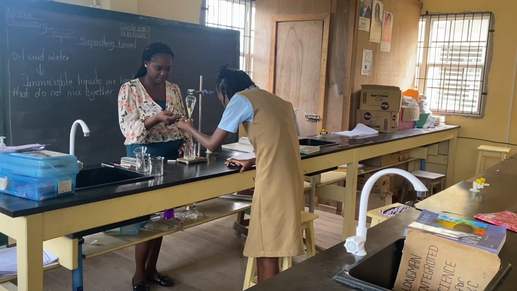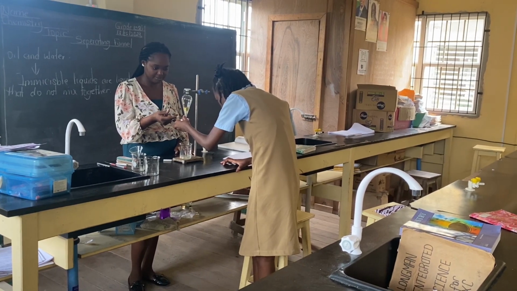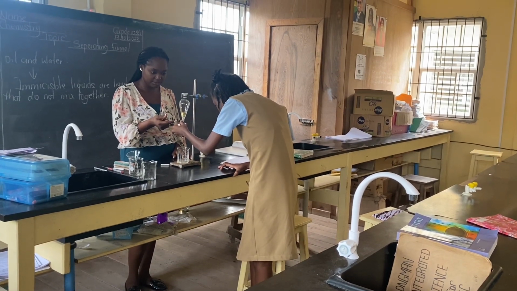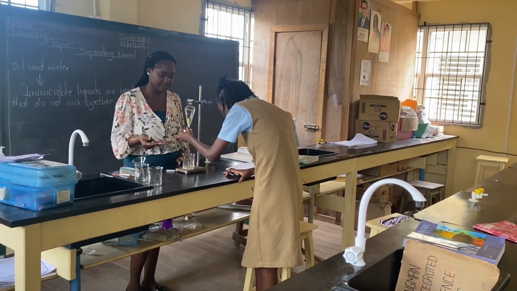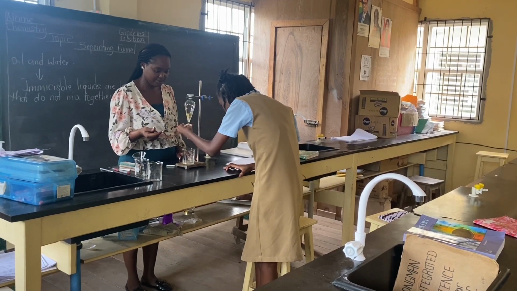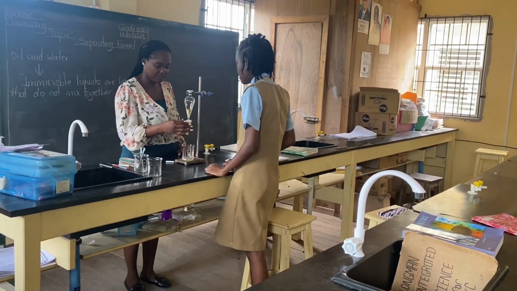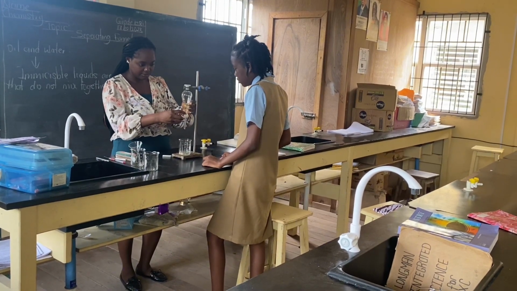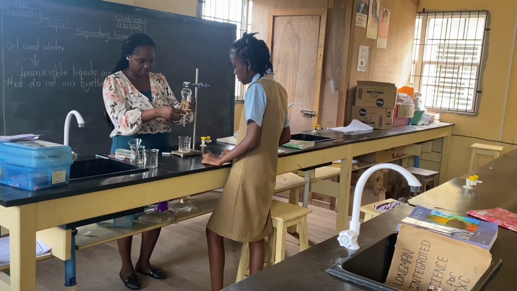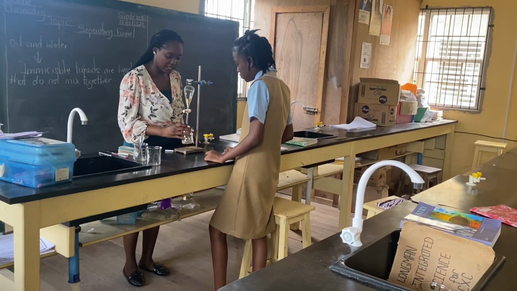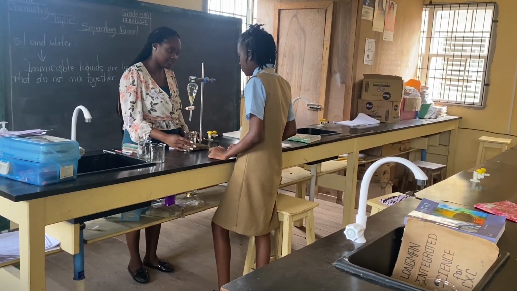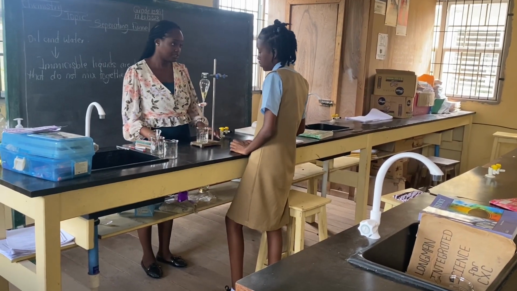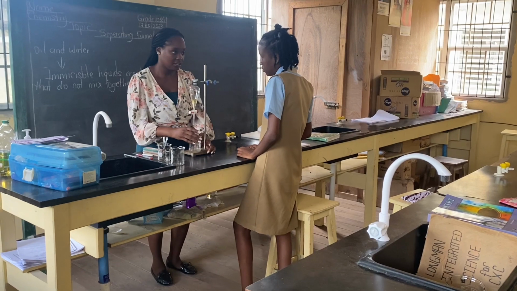Stop. Good. Good. So, let's see if we can release some. Good. So what we should have in our beaker is our water with our oil still remaining in our separating funnel. Alright? Good.